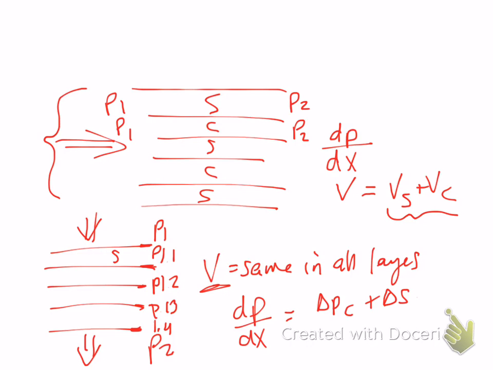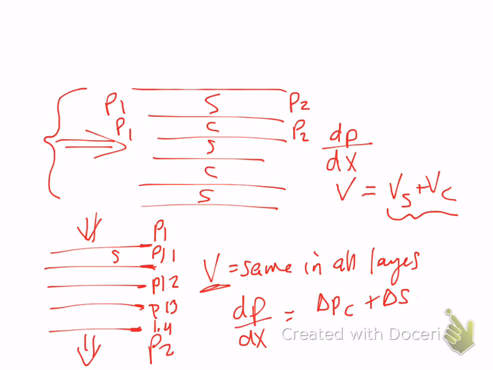So the volume is the same, but the pressure is divided up between the layers. The math is a little bit different, and it's the same series versus parallel that you guys have been thinking about with the other stuff.